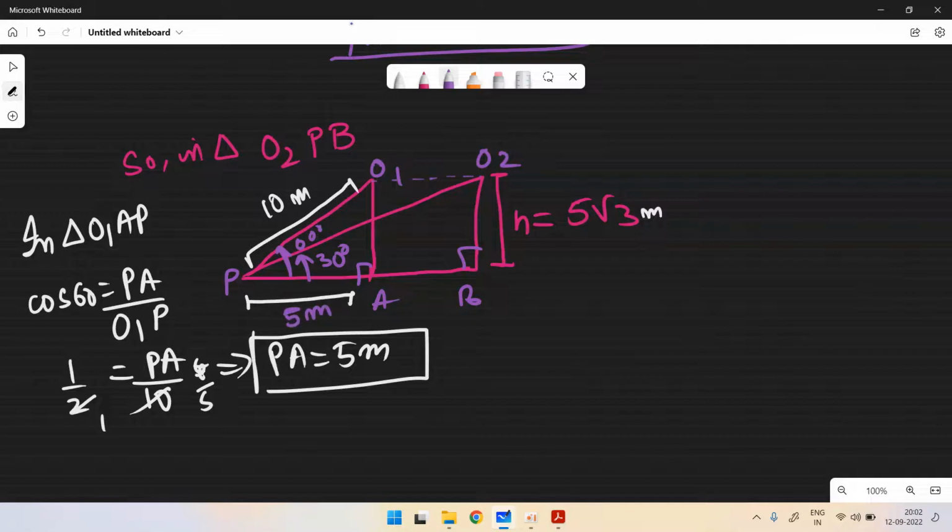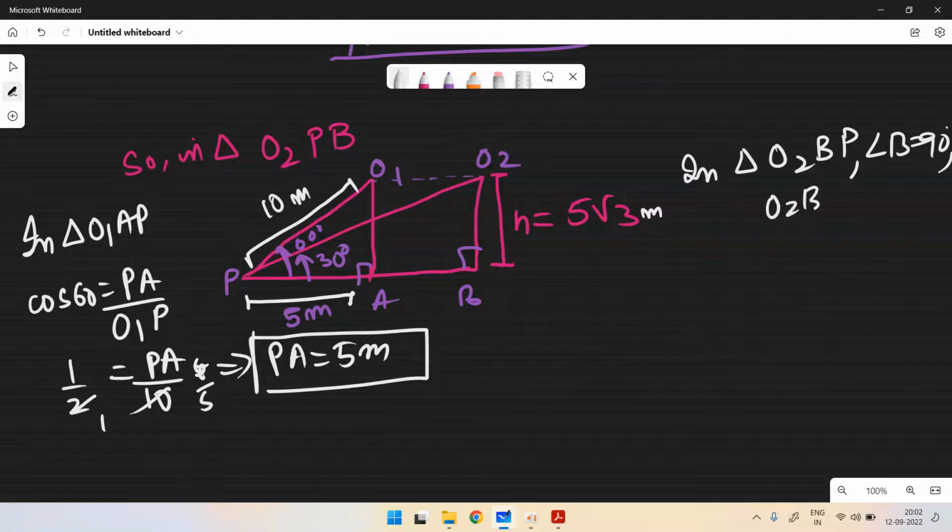Now you have already calculated AP. Now in my triangle O2BP, angle B is 90 degrees. You already know O2B is nothing but O1A, which you already calculated as h equal to 5 root 3 meters, and angle P is 30 degrees. So how will I calculate this PB?